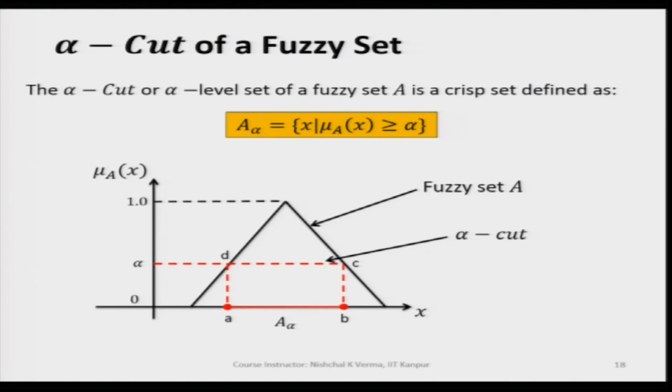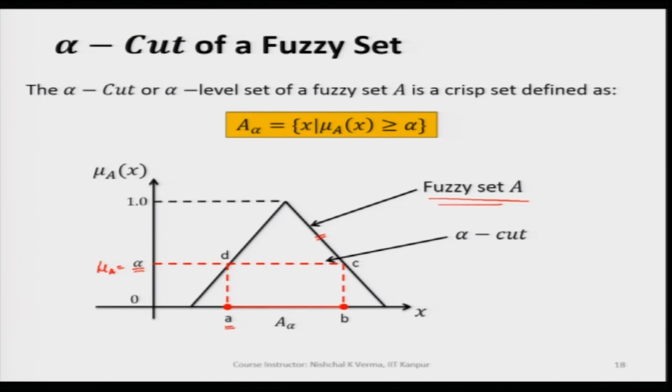So, let us now try to understand what the alpha cut of a fuzzy set is. If we have a fuzzy set A here, and we are interested in finding the alpha cut of this fuzzy set, we choose a membership value alpha. Corresponding to this, we try to find the generic variable values.